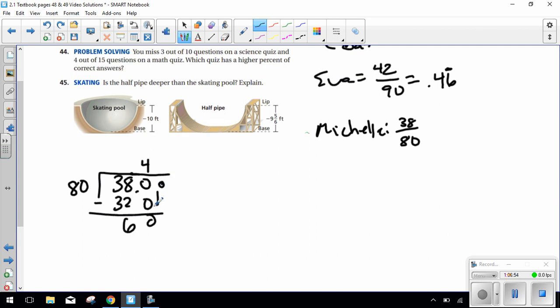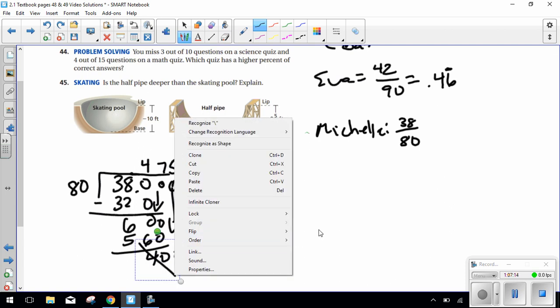Add a 0 and bring down. 8 goes into 60. 6, 7, 8. So it's got to be 7. That's 56. 40 left over. And 8 goes into 40 5 times. Done. Oops, sorry about that.